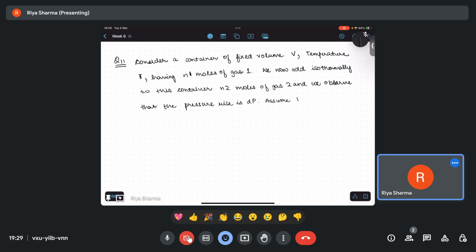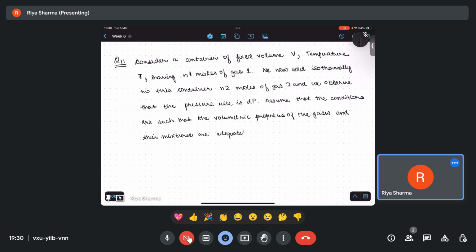Assume that the conditions are such that the volumetric properties of the gases and their mixtures are adequately described by the virial equation, neglecting the third and higher coefficients.